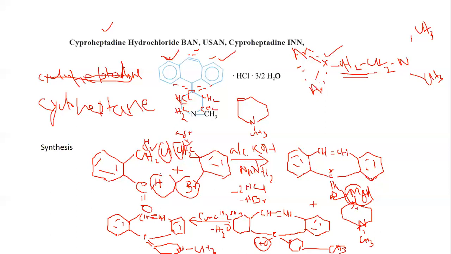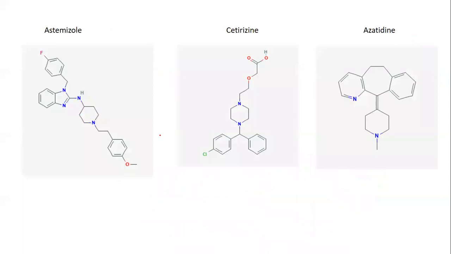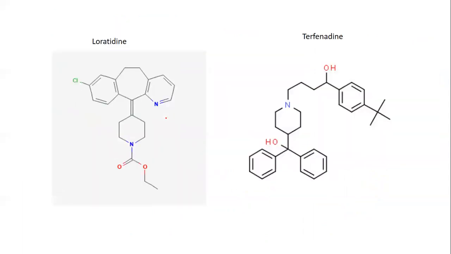Okay, we'll move on to our next class of drugs. This is our second generation antihistaminics. You just have to remember the basic structural aspects, no synthesis is required now.